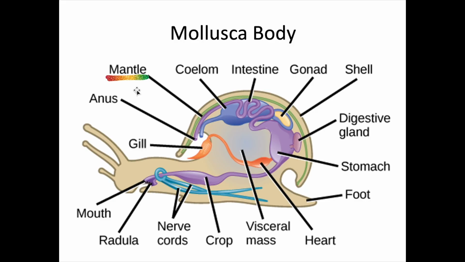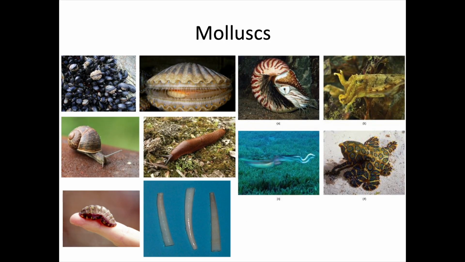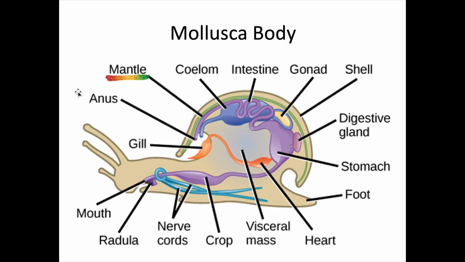The mantle is, reading from the key terms, a specialized part of the skin that encloses all visceral organs and secretes shells. So the mantle is not the same thing as the shell, but the mantle is skin that secretes the components of a shell. Obviously, not all mollusks have a shell, if you think about a slug, for example, but in mollusks that do have a shell, the mantle secretes that.